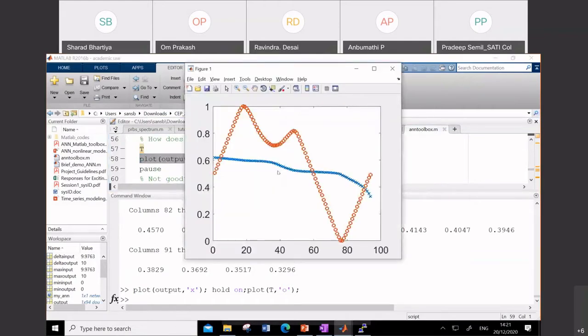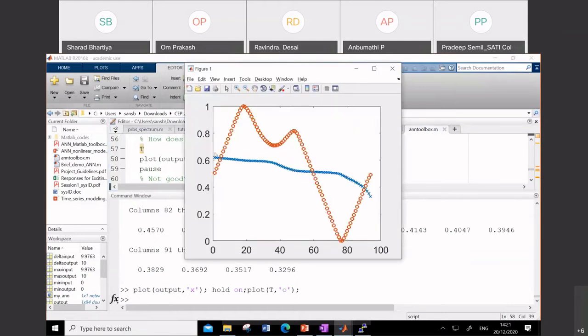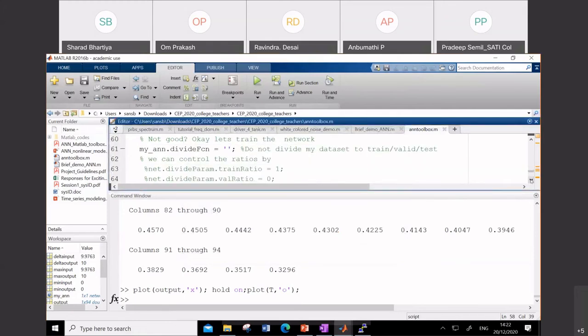See, the blue X's are the output of the untrained neural network. We have not used the backpropagation algorithm yet. Okay. So we say, okay, now I have my targets. So you see the red values are the targets and the blue values are the outputs of the untrained neural network. So it will now try to train it by minimizing the mean square error.